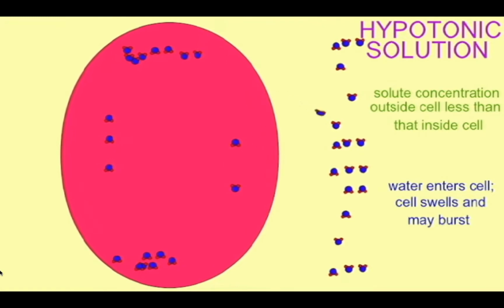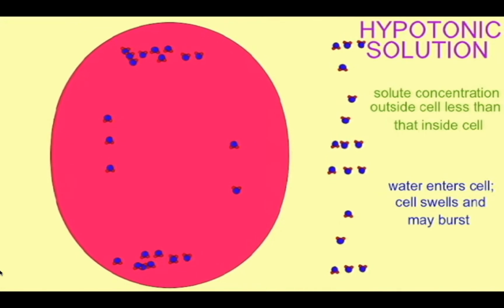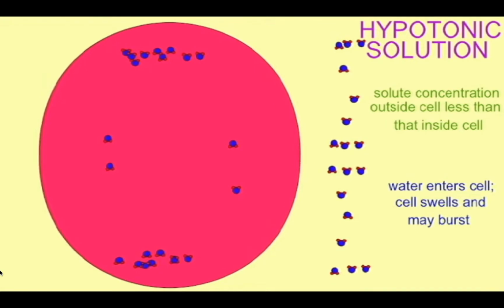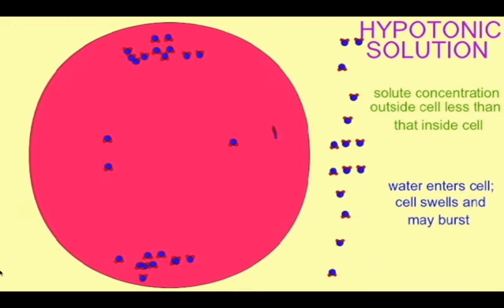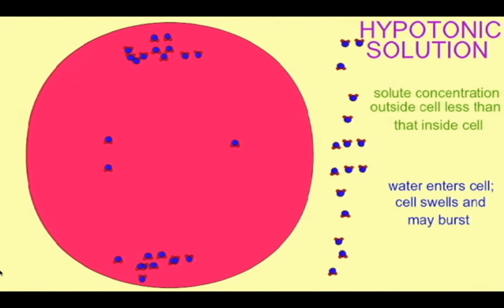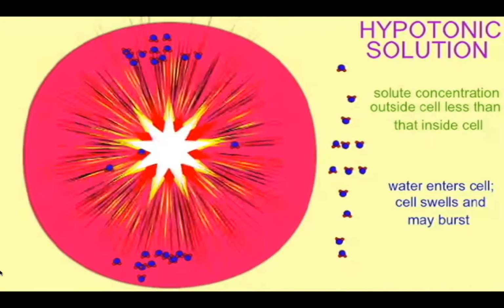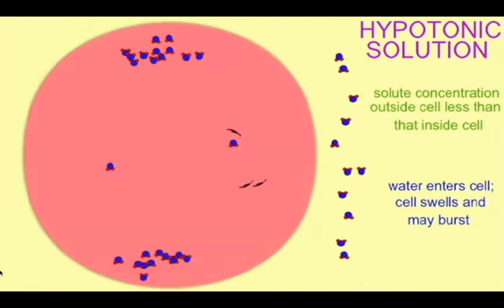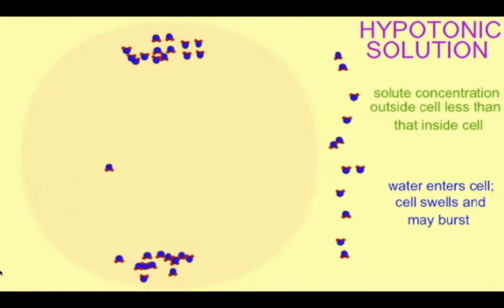The cell will tend to swell as it takes on this additional water. Especially if a cell is placed into distilled water, the rate at which the water enters the cell is so great that the cell swells to the point where it explodes. All of the contents of the cytosol spill out, and then an empty cell membrane is left behind. And so when a cell is in a hypotonic solution, water enters the cell and the cell may swell or even burst.